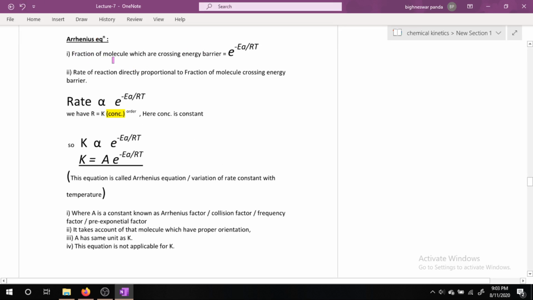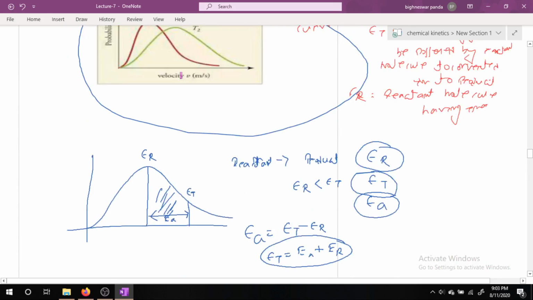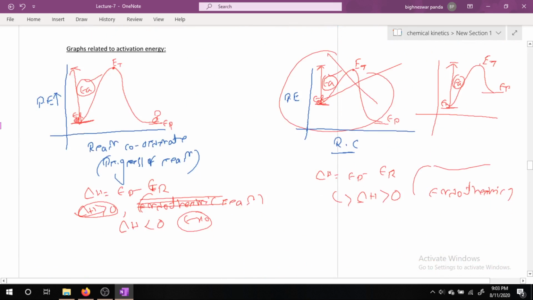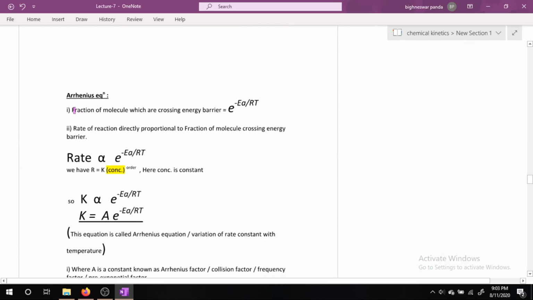So what happens here: the fraction of molecules which are crossing the energy barrier, that is the threshold energy barrier. It has been found experimentally that the fraction of molecules crossing the energy barrier is equal to e to the power minus EA by RT.